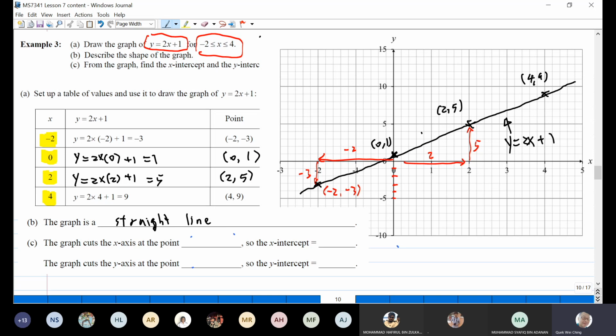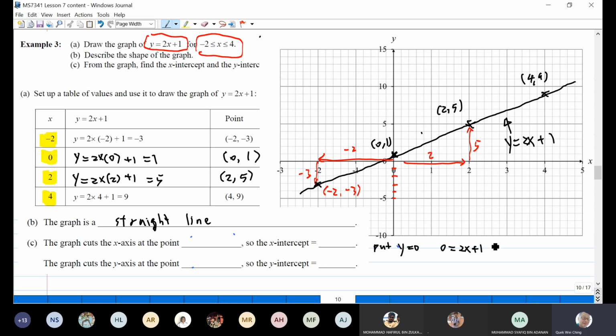Now the next part is where the graph cuts the x-axis. When does the graph cut the x-axis? We call it the x-intercept, right? X-intercept means you put y equals 0. So put y equals 0, and then 0 equals 2x plus 1.